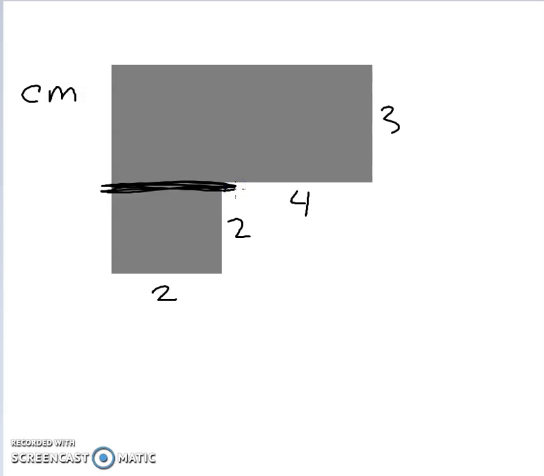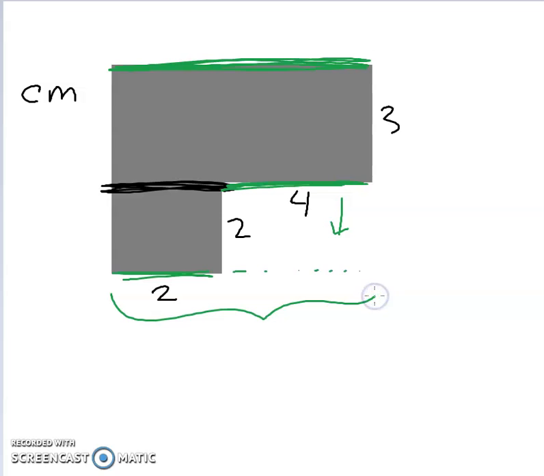When you divide a composite shape, what I would advise doing as the very next step is labeling all the sides that are not currently labeled. That includes this side right up here, which you can find by adding this side and that side, because if you were to move this side down, it would be the same length as the side up here.